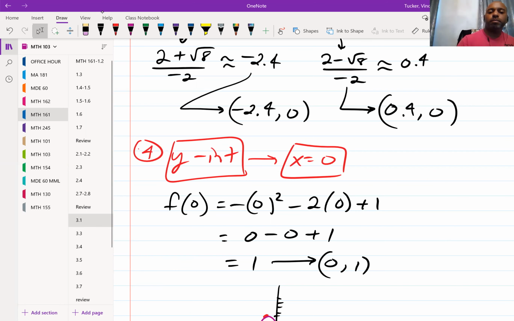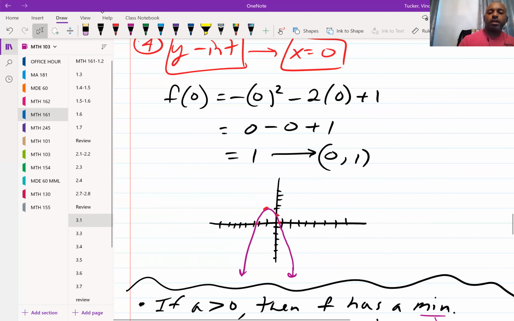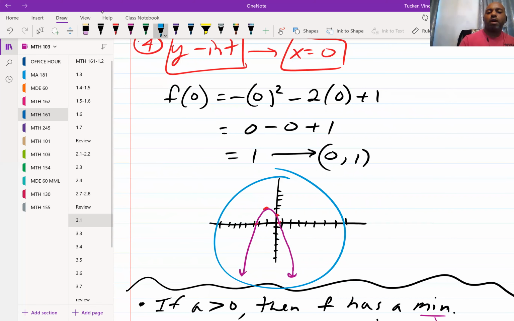All right. And that's the rough sketch of our parabola. We're just graphing all of those points that we just found.